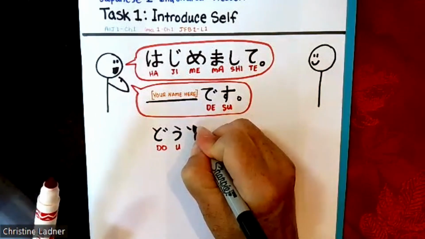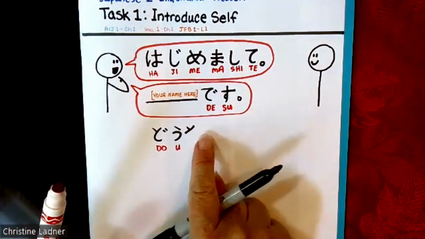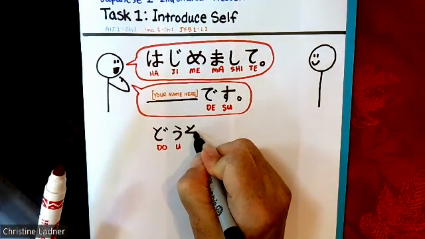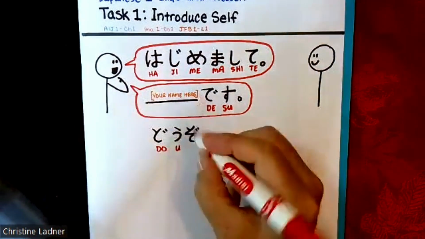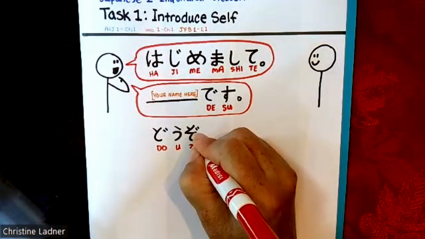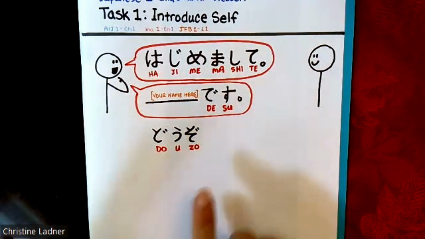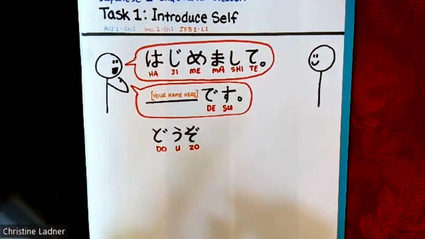Make a curve and start up here, and it looks like an off balance Y, then you go straight across and curve in. 2 dots completes Douzo. Douzo. And since we're at the beginning stages, I would leave a little space.